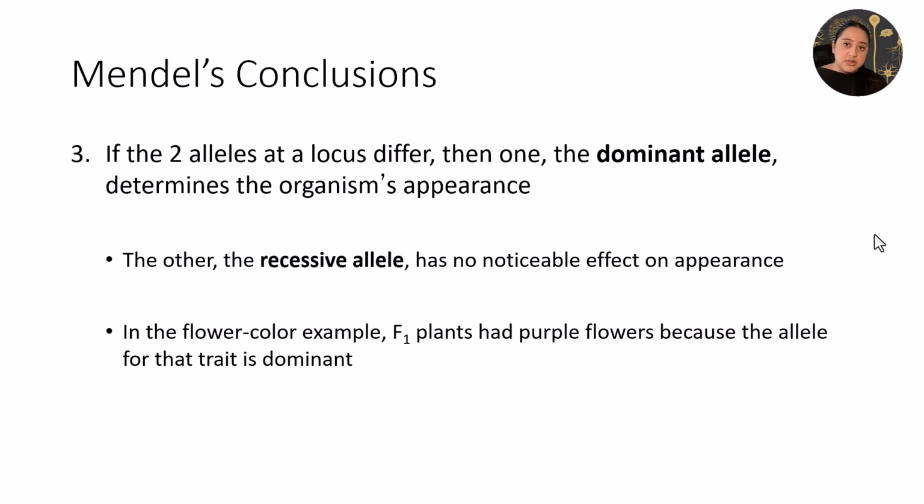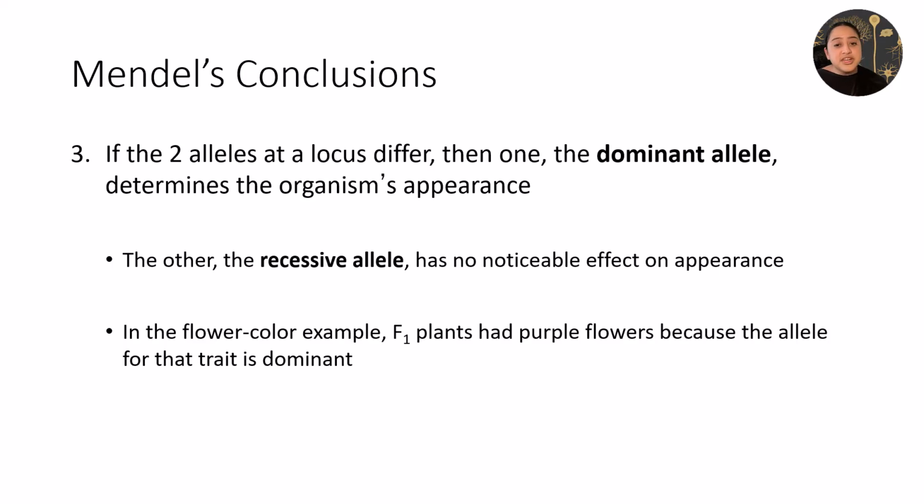The other allele, the recessive allele, has no noticeable effect on appearance. So the white flower color allele would be recessive. In the flower color example, F1 plants had purple flowers because the allele for purple flowers is dominant and the white flower is recessive.